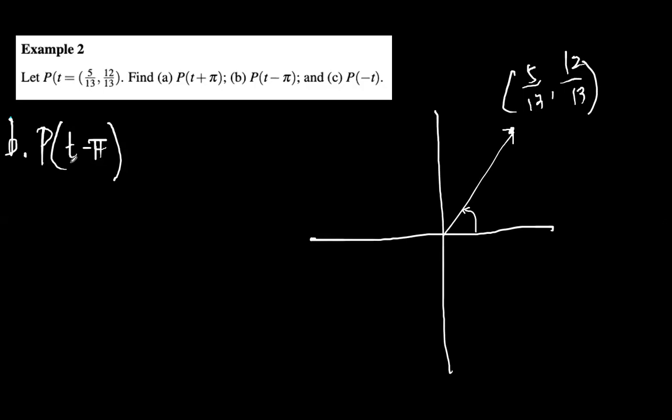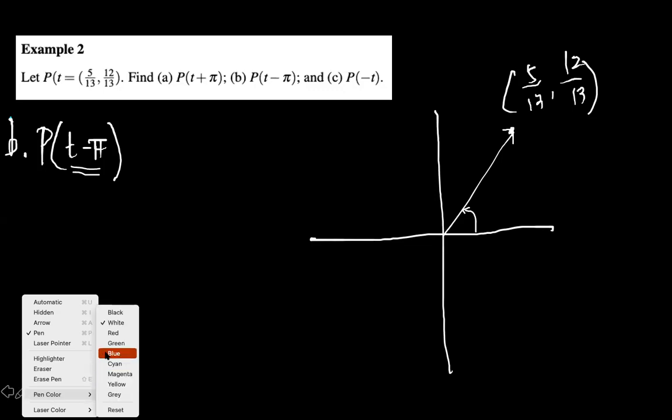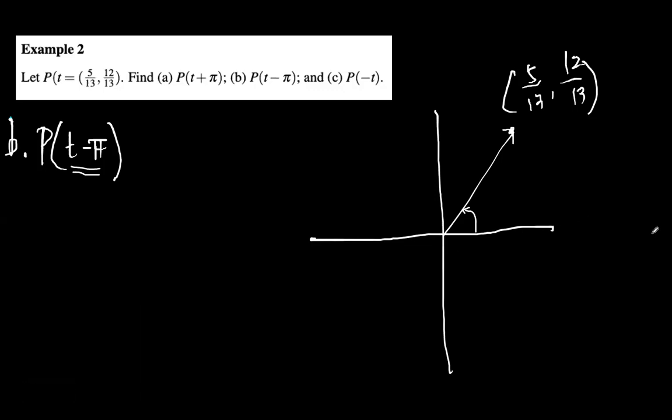Alright? Now, how do we do this, guys? Paano natin ito isosolve? T minus pi. Anybody? How do we solve for this? The same way but different direction.